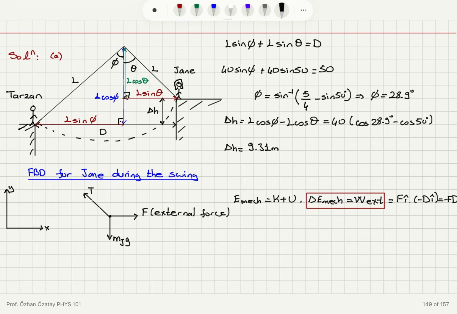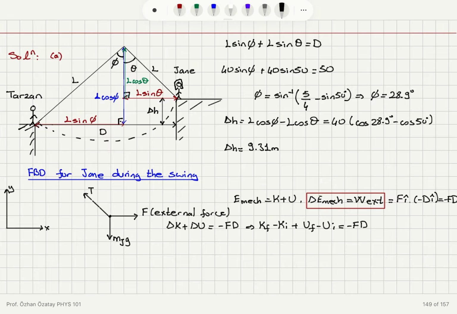So we can see that the change in kinetic energy, delta K, plus the change in potential energy should be equal to minus F d. So the final kinetic energy minus the initial kinetic energy plus the final potential energy minus the initial potential energy is equal to minus F d.